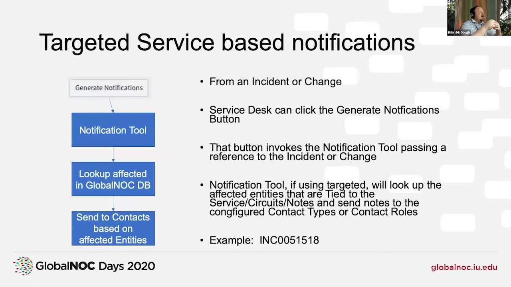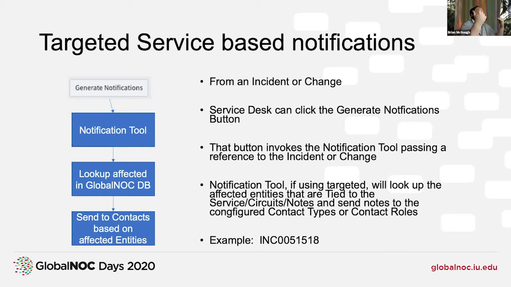So now on to the second part of this. I've clicked that find affected, I've validated it. I'm a service desk technician, and now it's time to generate the outage notification. From that same incident or change, we can click generate notifications, and that's going to take us into the notification tool. The notification tool looks at the ticket information, specifically the affected fields, and this is where it gets into the targeted stuff.